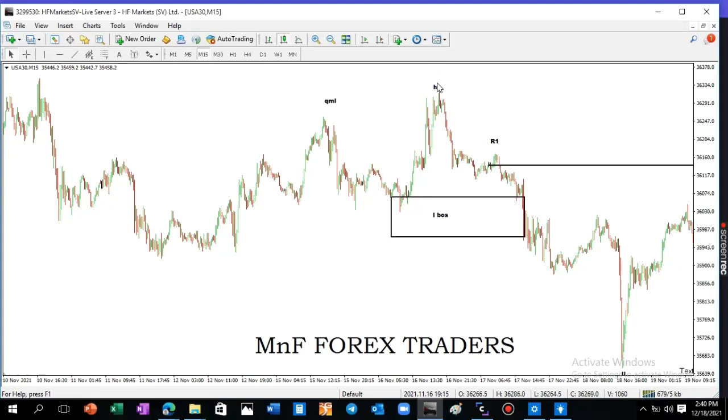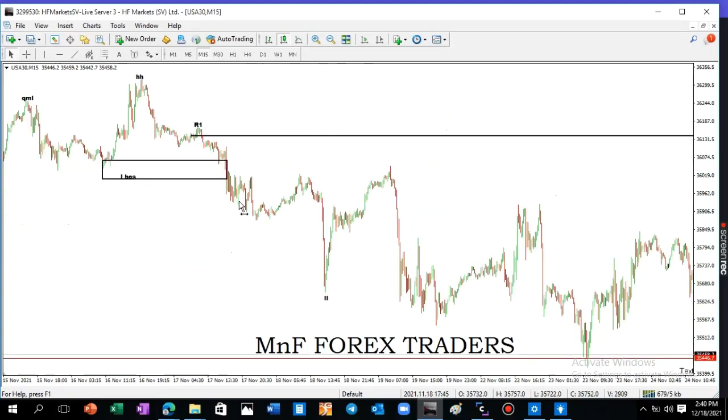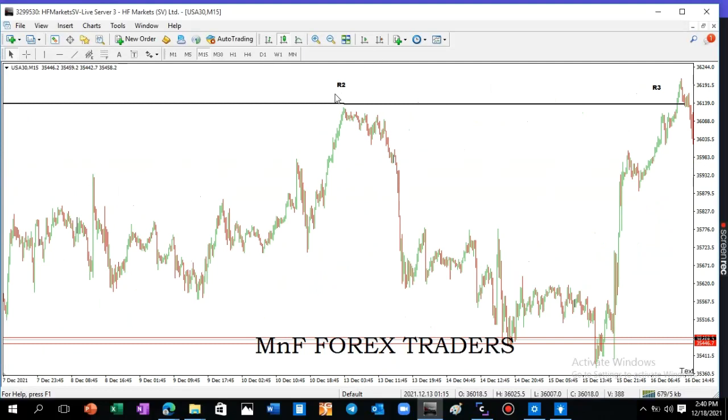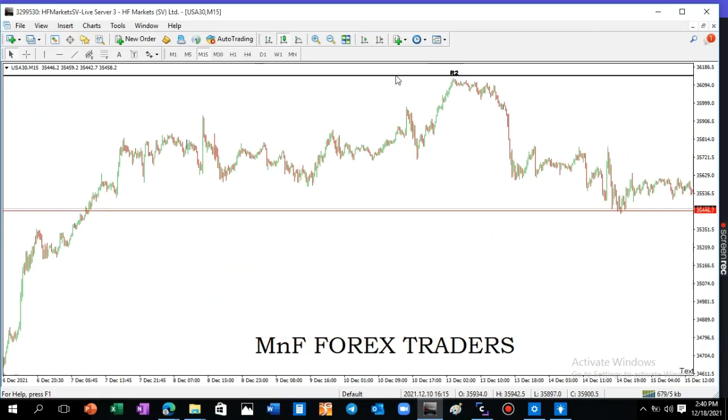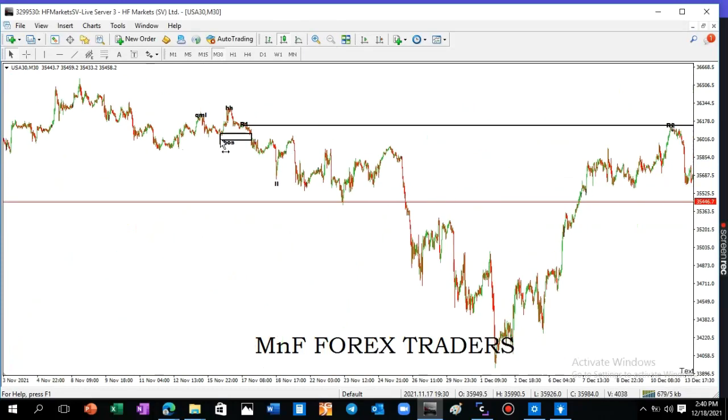So this is the higher high here, this is the low, this is the high here, and this is the low here. The market gave us a resistance here, another resistance was here, another one was here, and another one was around this level here. So this is what we had.